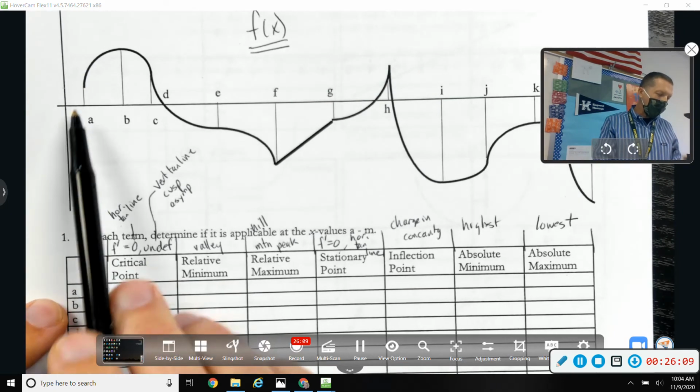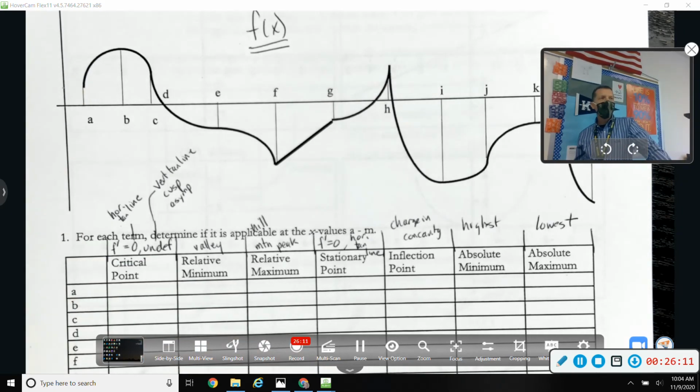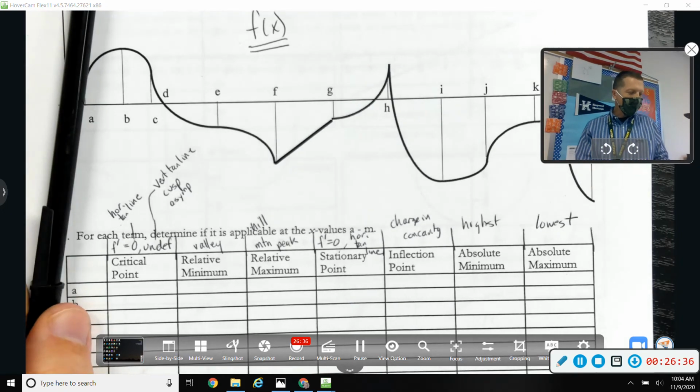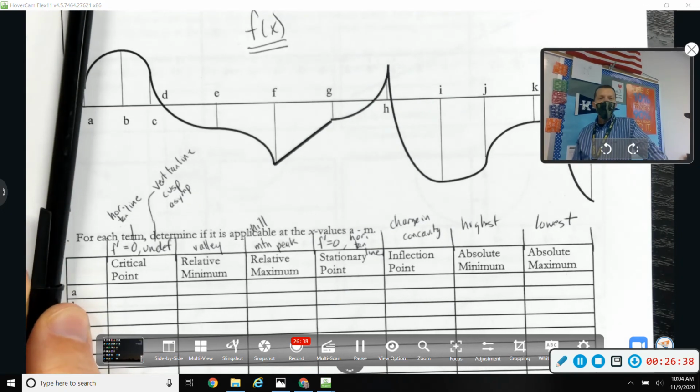How about point A? Is that a critical point? I see some no's and some yeses. Well, I'll call on the person who's got it right. So, Caitlin, why did you say yes? Vertical tangent. I think there's a vertical tangent line at A. Now, if you want to say, no, that's not a vertical tangent line, it's really positive, but it's not vertical, and if that's what you're thinking, then it would not be a critical point.